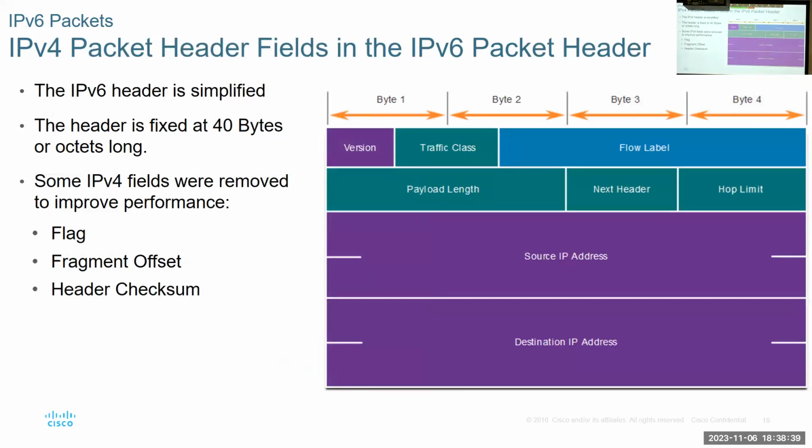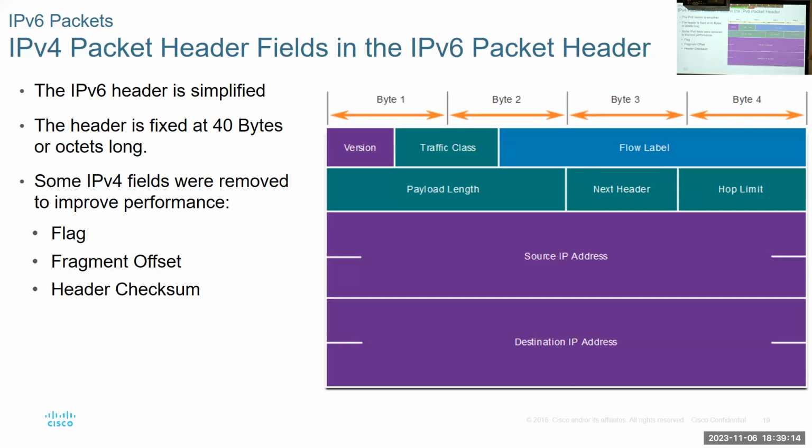So as you can see, many fewer fields in the IPv6 header. You have to have the version, of course. The traffic class replaces the DSC field, in other words, the quality of service field. It actually ends up being 8 bits instead of 4, so it's a little bit more complex than what was in IPv4.